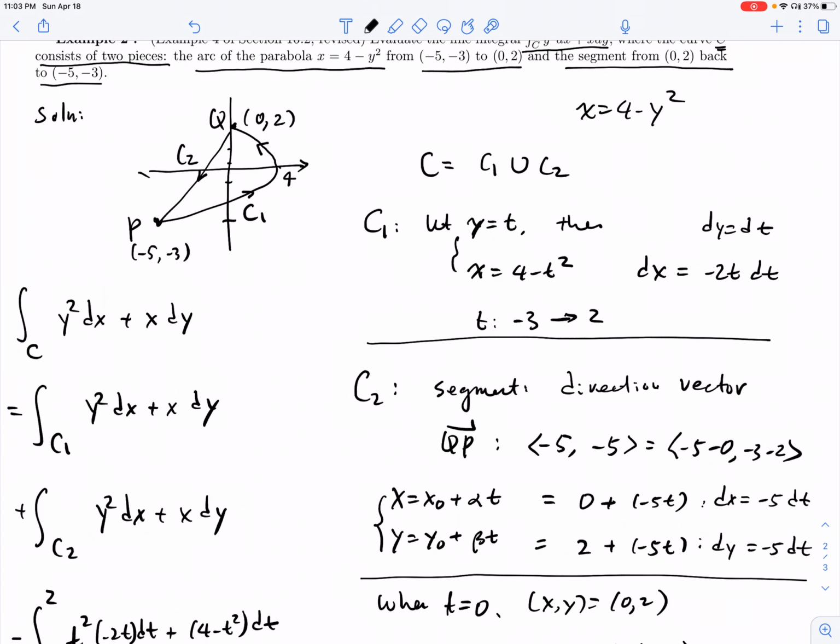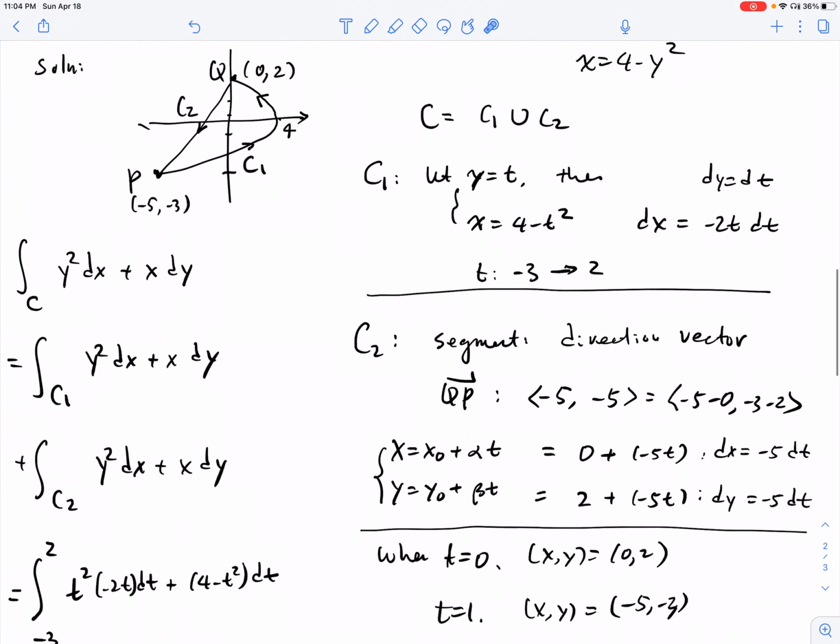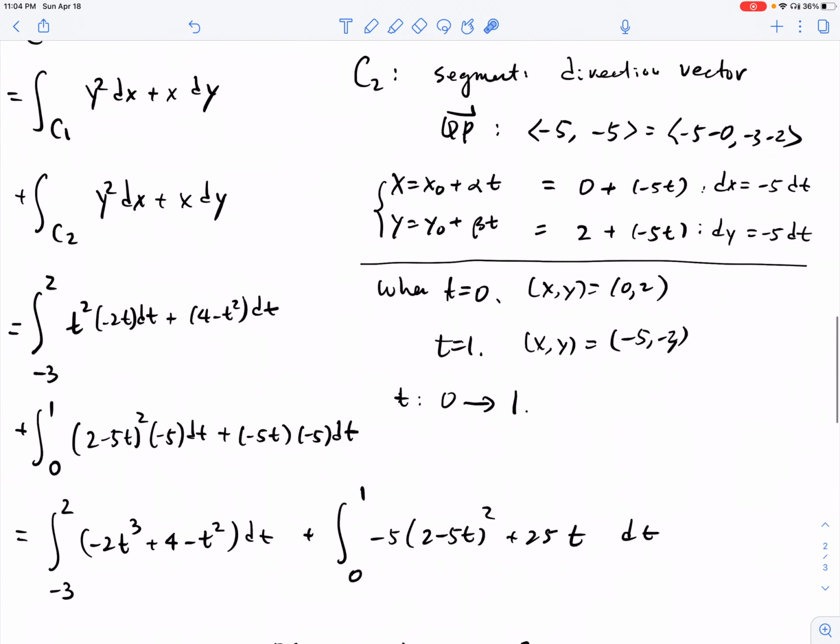And you can see that y is replaced by t, and x is replaced over here. But we also need to calculate dx and dy, plug back into the equation, and then we have a definite integral to evaluate.